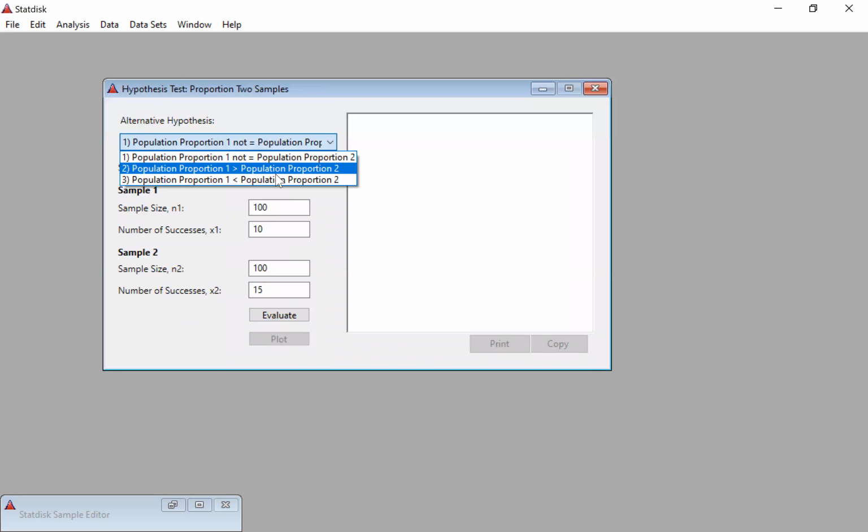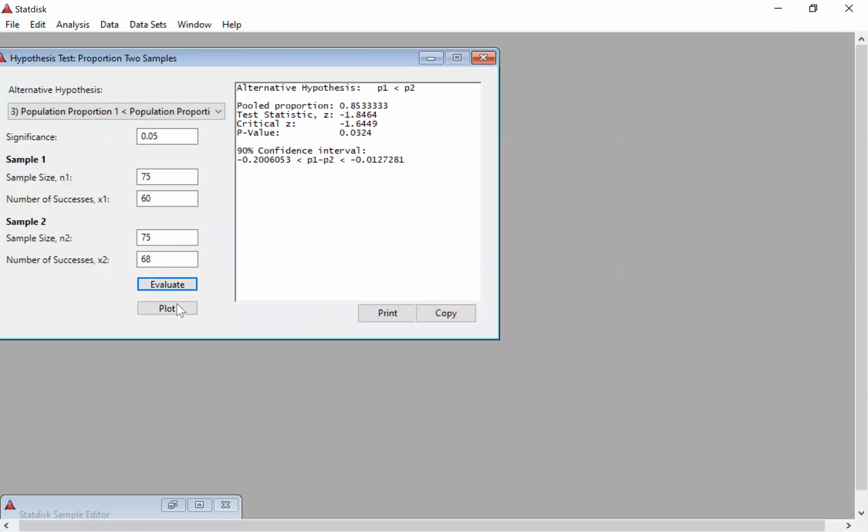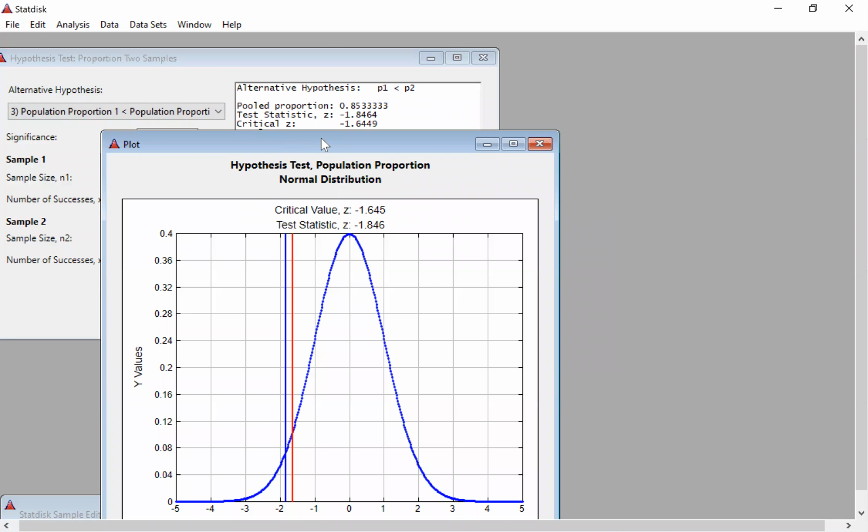And this was the less than case. Our significance level was 0.05. And for our first sample with a single bill, our numbers were 75 and 60. For our second sample, which is the multiple bills, our sample size was 75 and number of successes was 68. And we can go ahead, hit evaluate and plot.